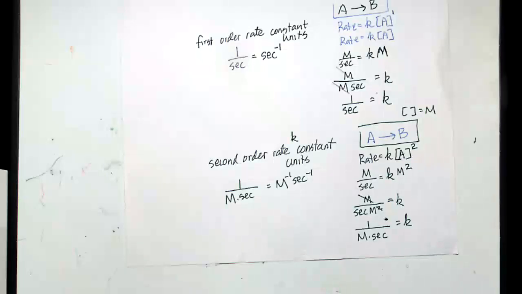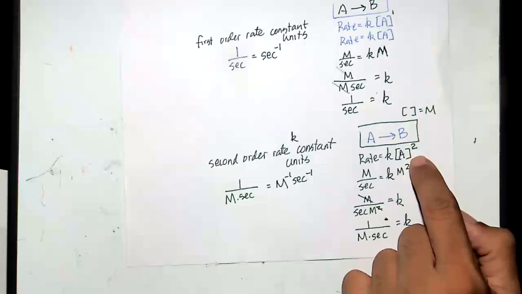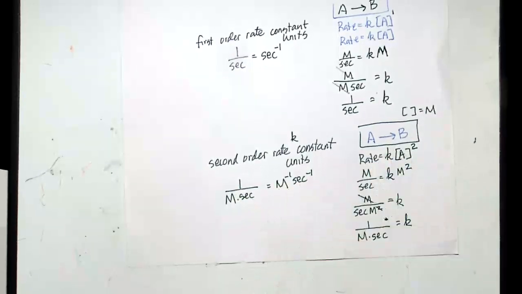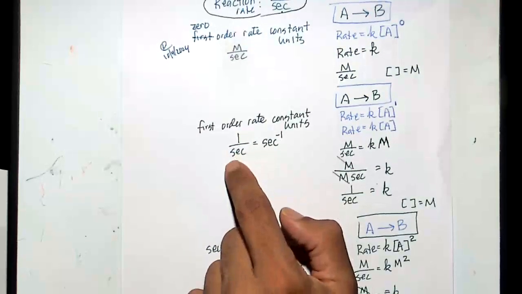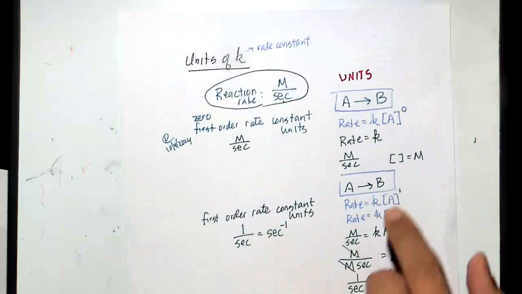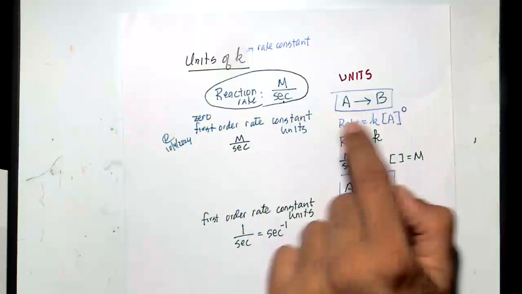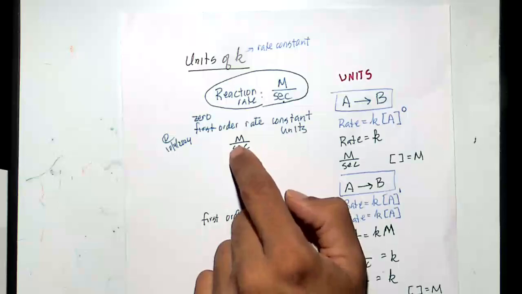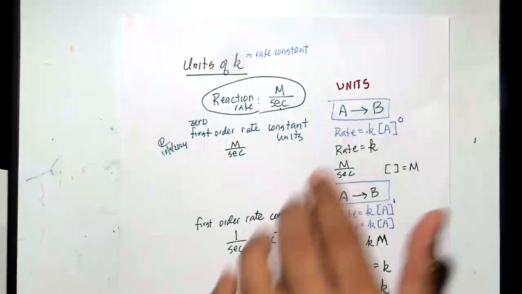So for the reaction A goes to B, you only have one reactant, and that's A. If it's second order, these are the units of K. If A decays with first order, these are the units of the rate constant K. And if the reactant decays with zero order, this is the units of rate constant K. Everyone get this? This is for this reaction.